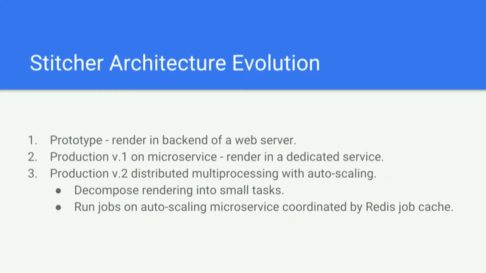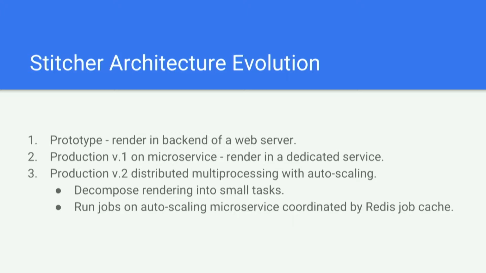So as I mentioned at the beginning, I wanted to talk about the evolution of the architecture that we were using. We started with a prototype, just a proof of concept that would do the rendering in the back end of a single web server. As we moved into production, we split that out into 2 dedicated services.